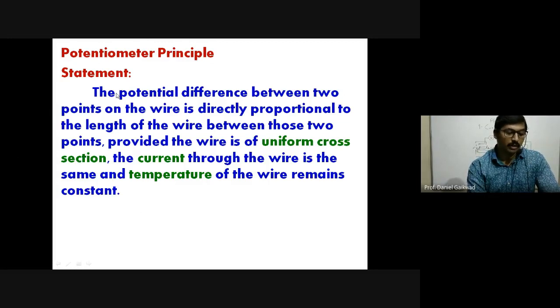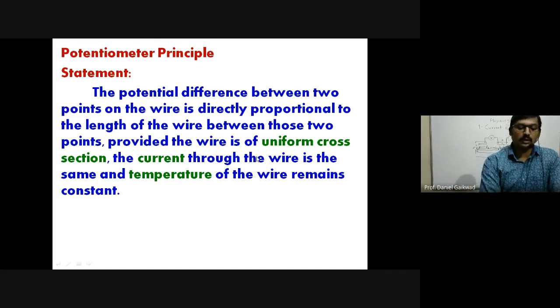Now check carefully a statement. The potential difference between any 2 points on wire is directly proportional to length of wire between those 2 points, provided that we have certain conditions.